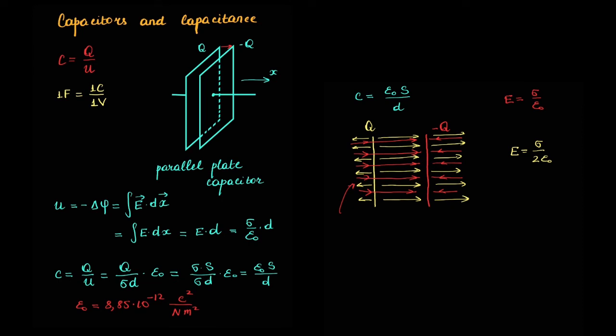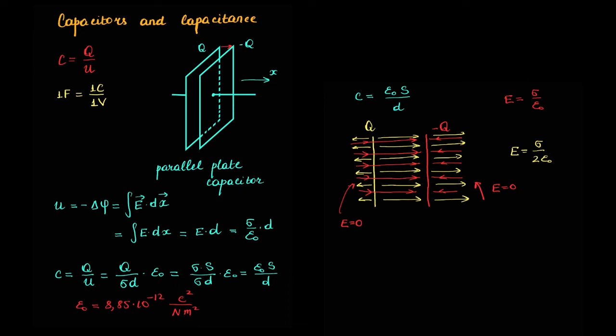So they cancel each other because they have different directions, and electric field strength is a vector quantity. So outside the capacitor, the electric field is 0. But inside, you see the yellow lines and red lines have the same direction.